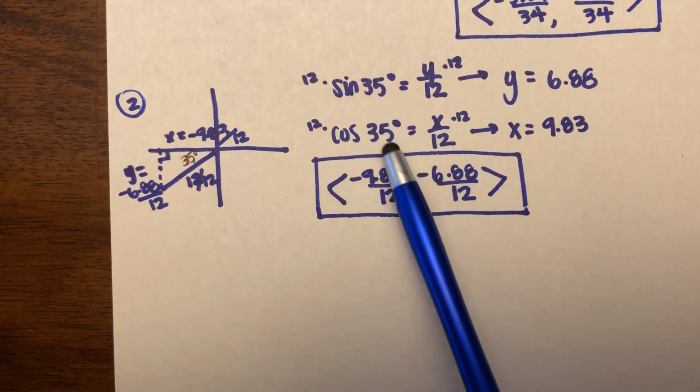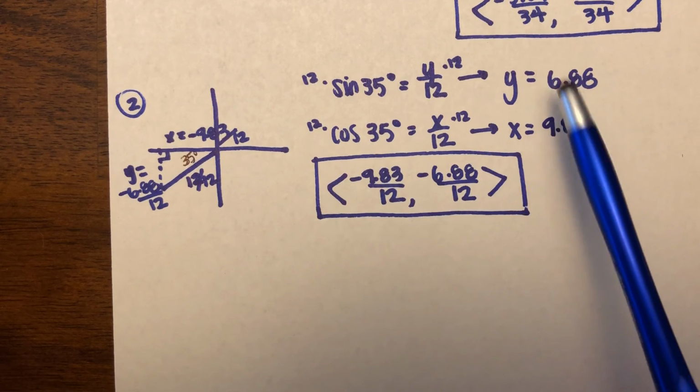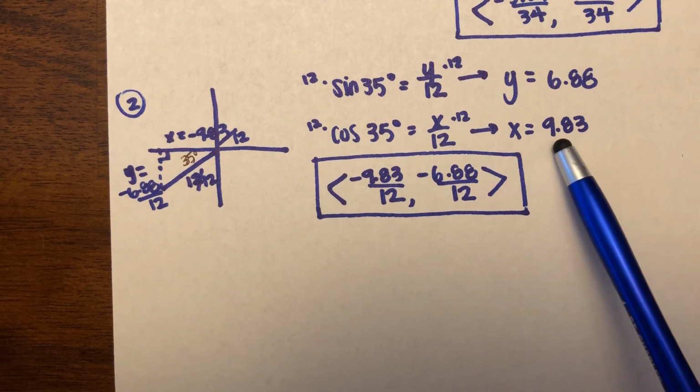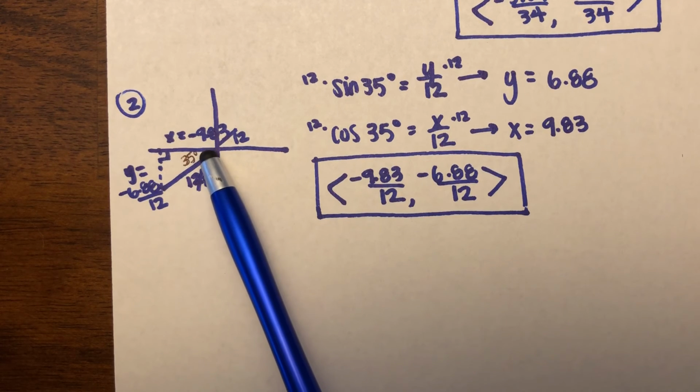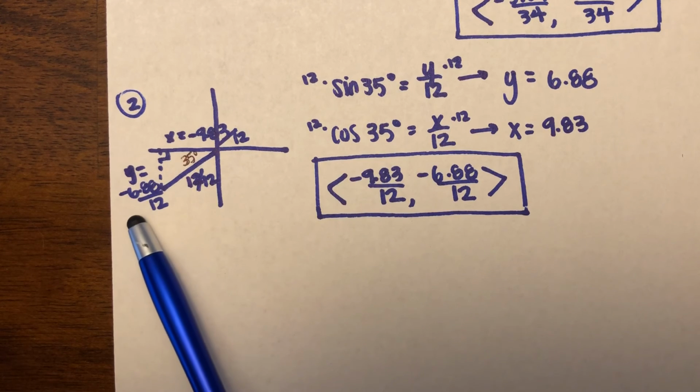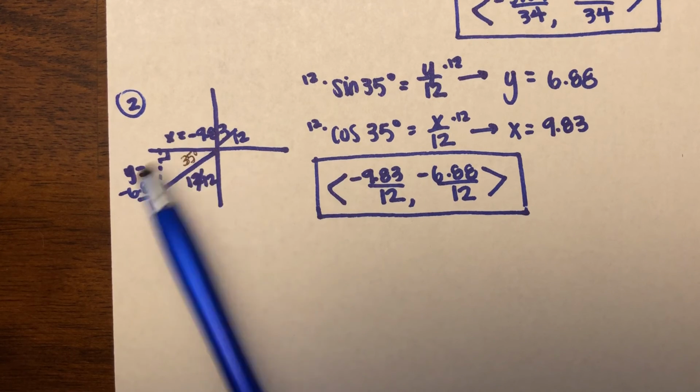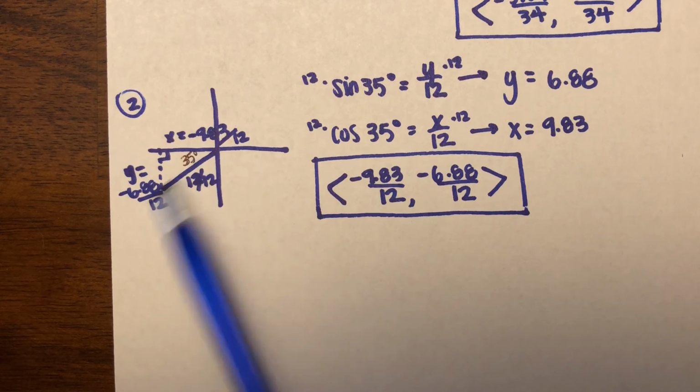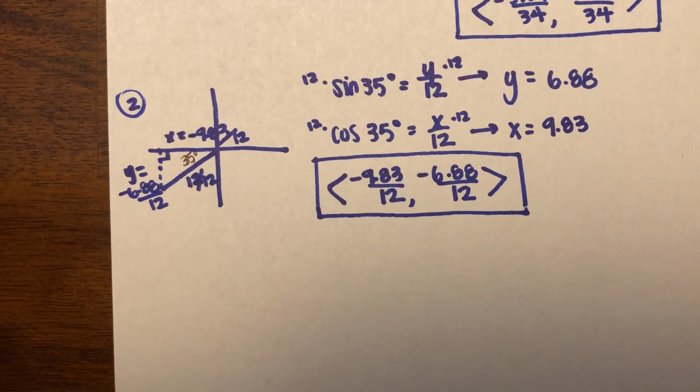So I use SOHCAHTOA to find the missing x and y components. So your x component was negative 9.83. Your y component should have been negative 6.88. Don't forget to put those negatives in with your diagram. That's the number one mistake that I will see students make, is forgetting those negative signs. So please don't forget those.